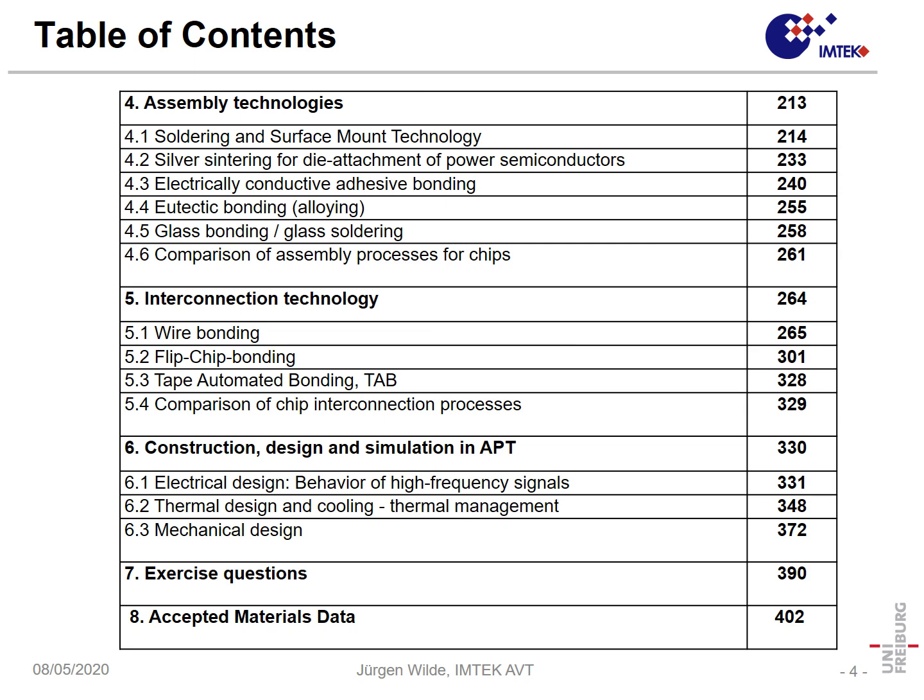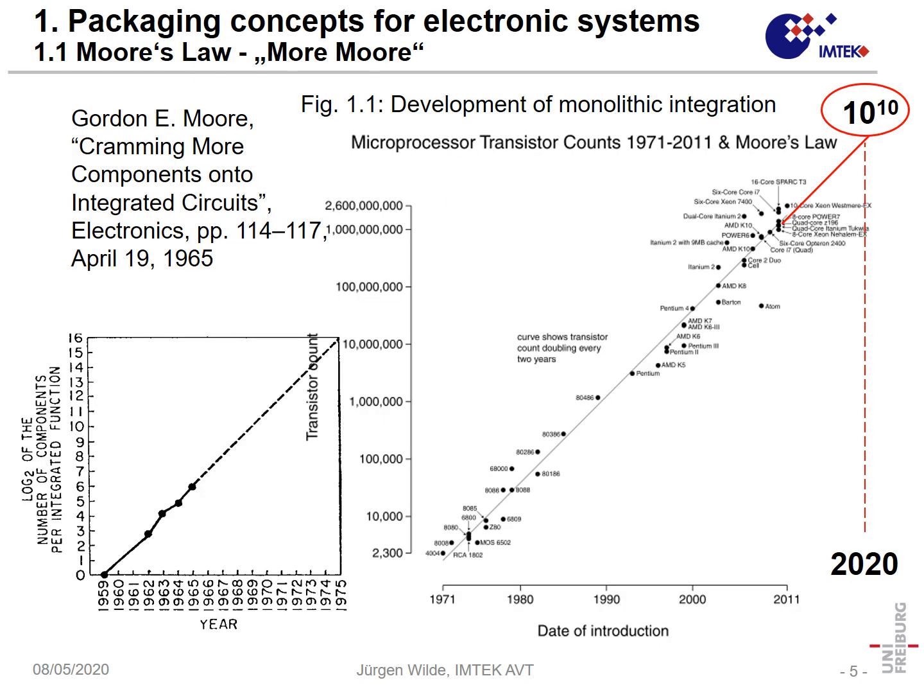Okay, now let's proceed. And why do we have certain packaging concepts for electronic systems? Some of you possibly heard about the so-called Moore's Law, and Gordon Moore was a manager at Intel, and in 1965 he wrote a famous article, Cramming More Components onto Integrated Circuits.